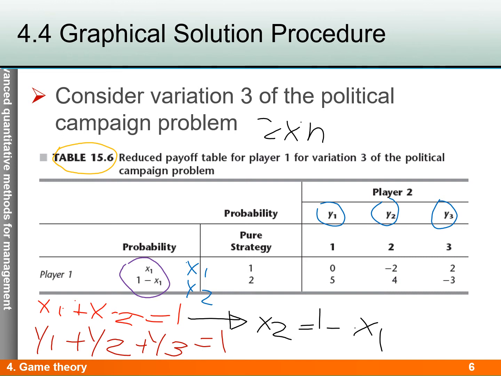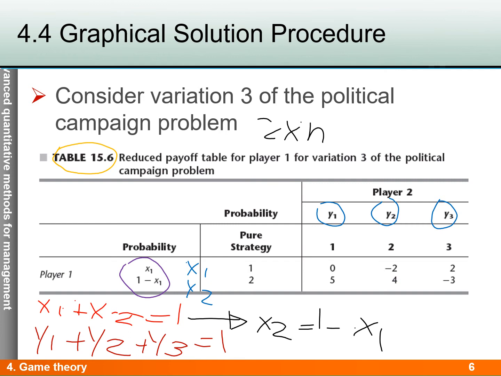So in forming the lines, forming the vectors, I will have two vectors with only x1 as the probability, as the element that we are trying to find. Okay?